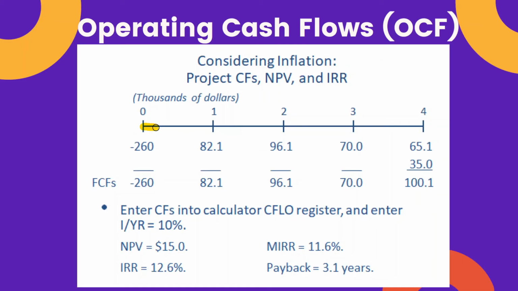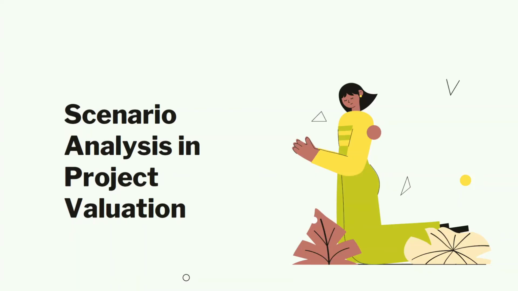The last step is to put the associated cash flows into the project's timeline. These are the cash flows that will be used for the calculations of NPV and IRR. This investment project is profitable since NPV is greater than 0 and the internal rate of return is higher than the cost of capital. The last part is to do a scenario analysis.